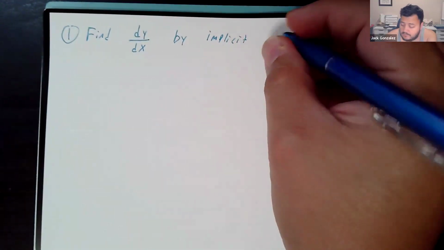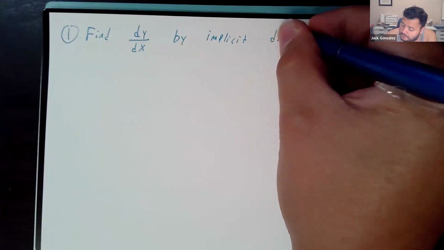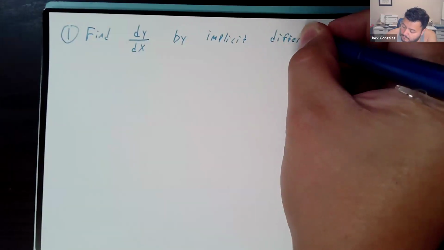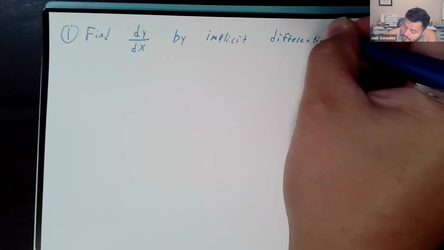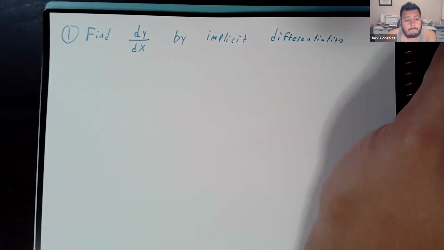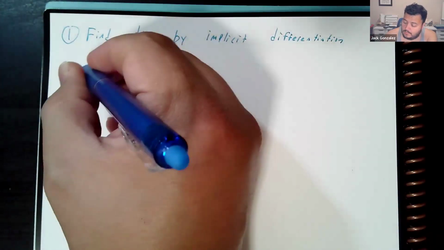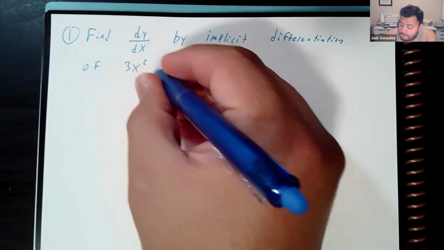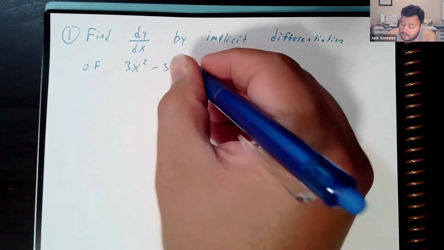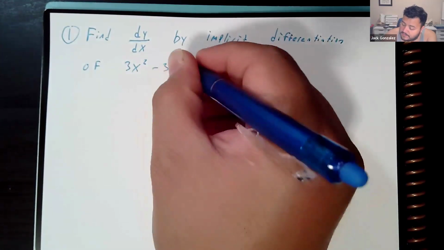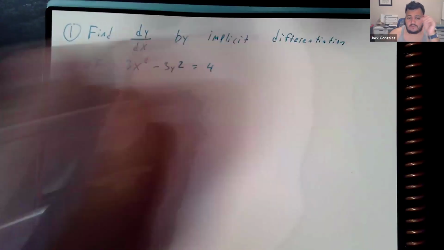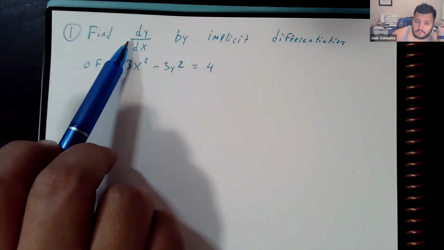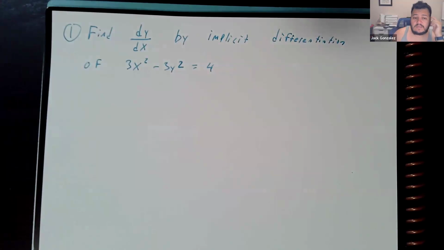Find dy dx by implicit differentiation of 3x squared minus 3y squared equal to 4. So this time you're going to do what we just did earlier, but you're actually going to solve for this piece. You're going to isolate dy dx.